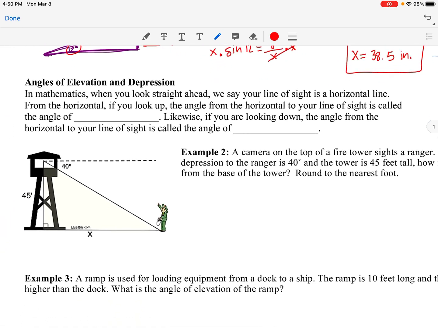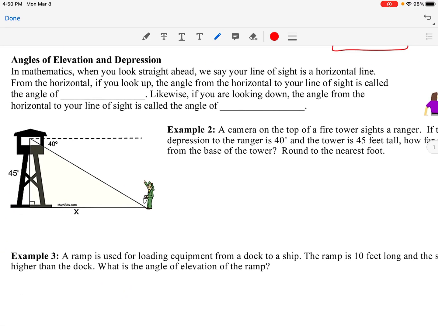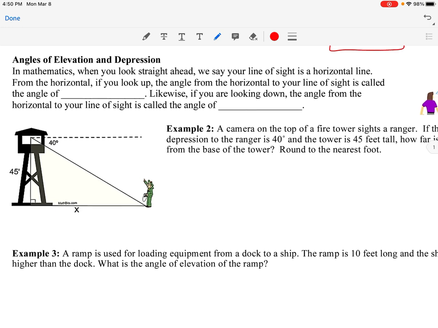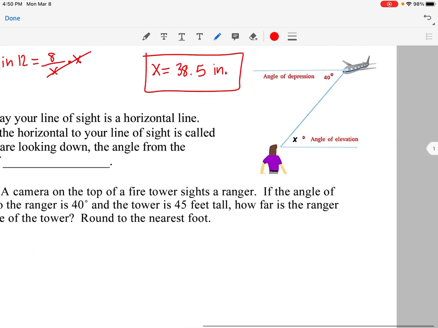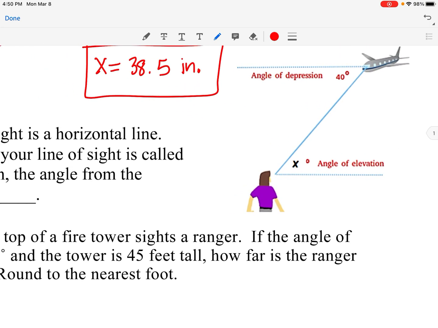Okay. One thing you need to know that will come up quite frequently in our story problems for the SOHCAHTOA stuff is what we call angles of elevation and depression. If you look at this picture over here, if you have something that's high and you're looking down, your angle of depression is going to be from the horizontal, how far you have to look down.